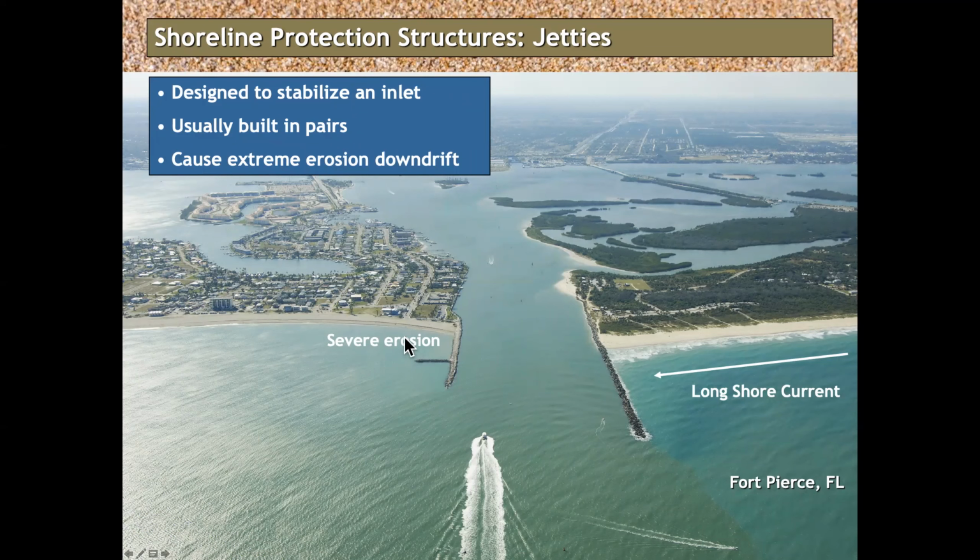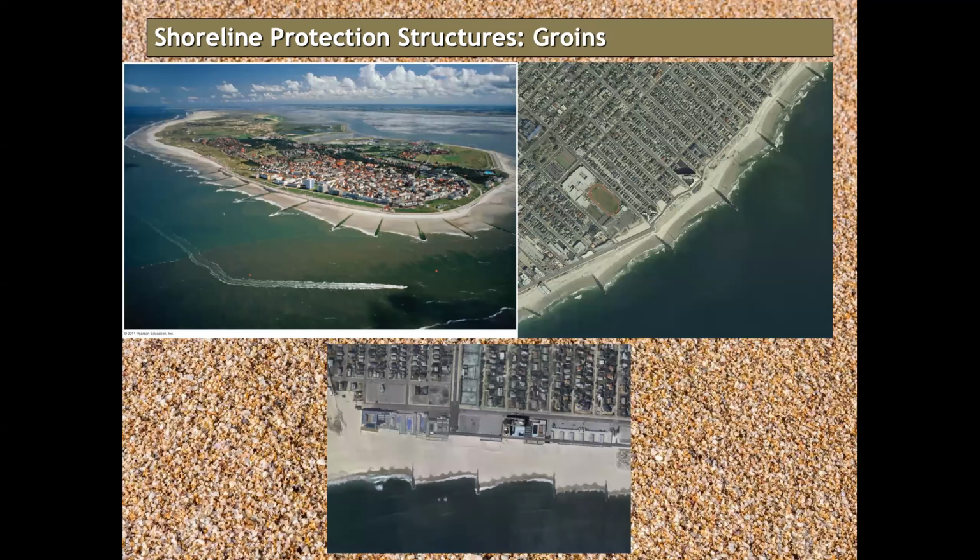And so the beach here is narrower than it is on this side. You can see the same effect in these images as well. So notice how the beach is wider here than it is here, wider here than it is here, and so on.